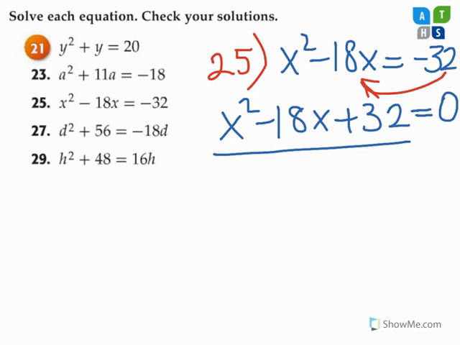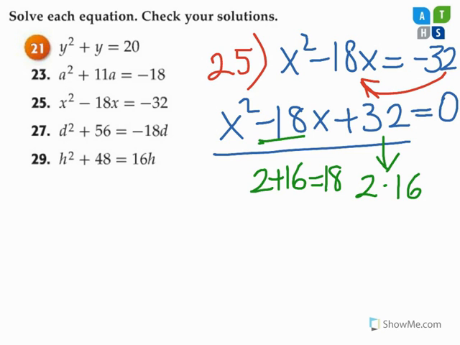Okay, let's think of two numbers which will multiply out to 32. We have 2 times 16, right? Well, 2 plus 16 will make 18. Well, that's fine, but we have minus 18.